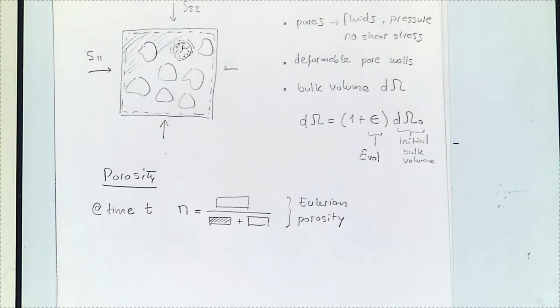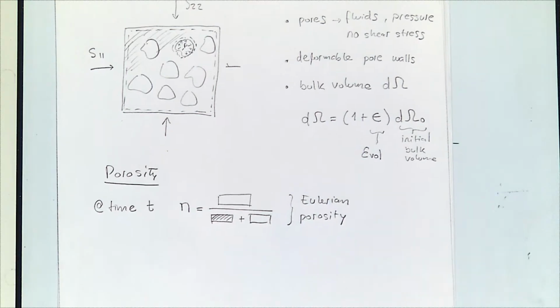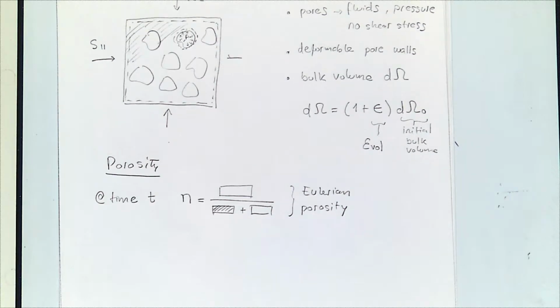So in order to make this porosity theory work for us, we're going to need to refer changes of porosity with respect to the original porosity. And in order to get there, we're going to define a new porosity.